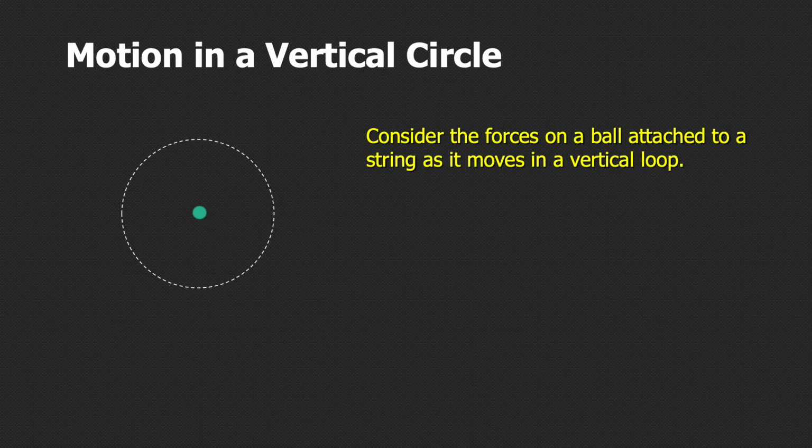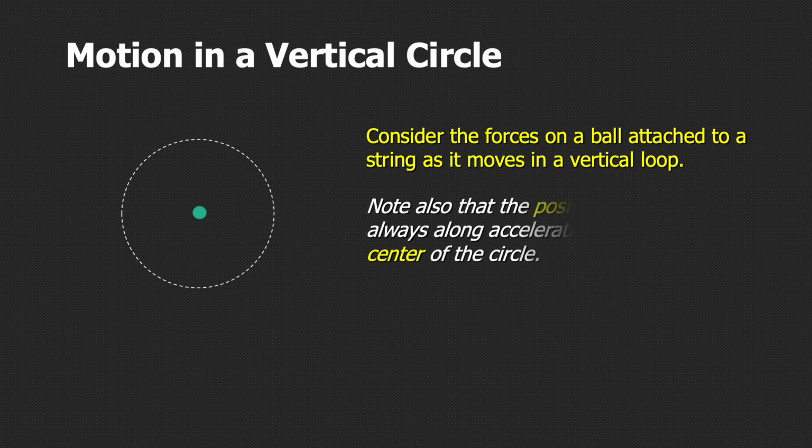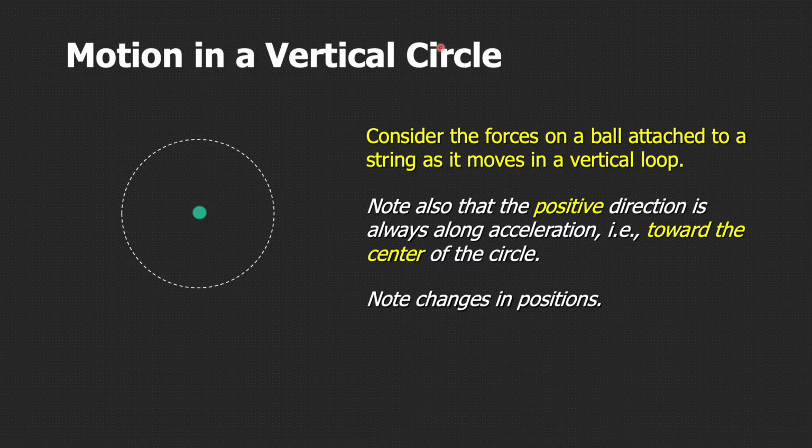What if there's a ball that is attached to the center through a string, and it moves in a vertical loop? Note also that the positive direction is always along the acceleration, which is of course towards the center of the circle. And also note the changes in the position of the ball.